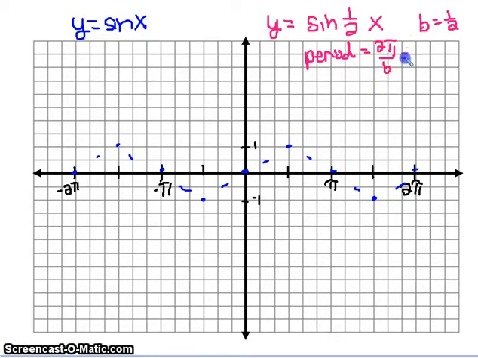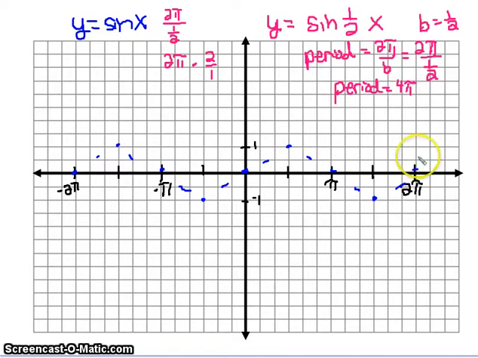In this case, it's going to be 2 pi divided by 1/2. Well, we're going to keep it, change it, flip it. It becomes 2 pi times 2 over 1. In other words, our period is going to be equal to 4 pi.